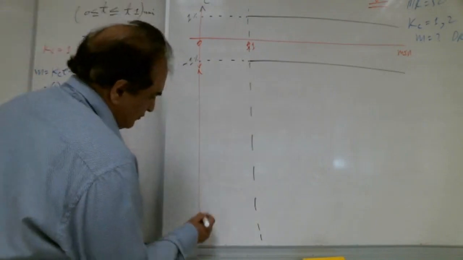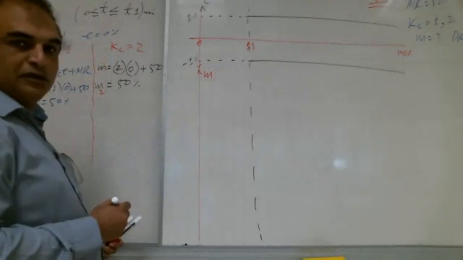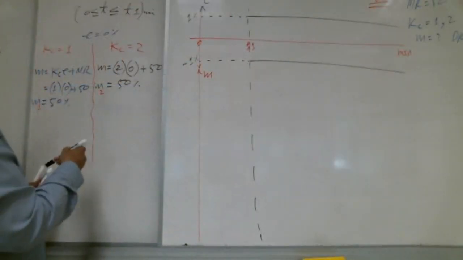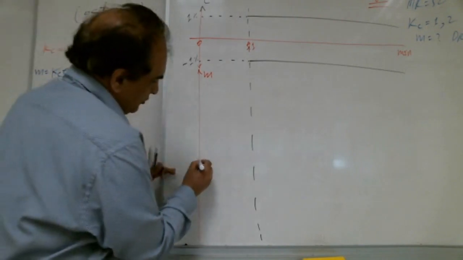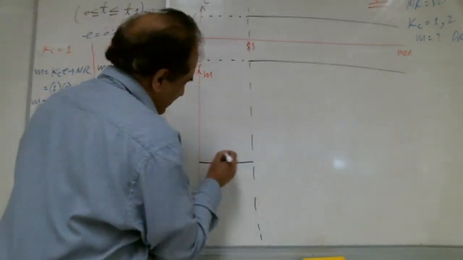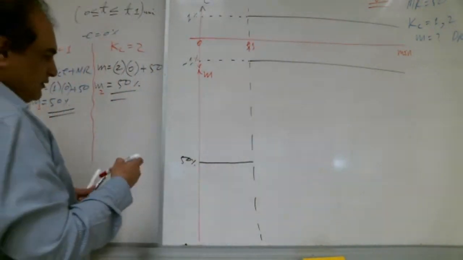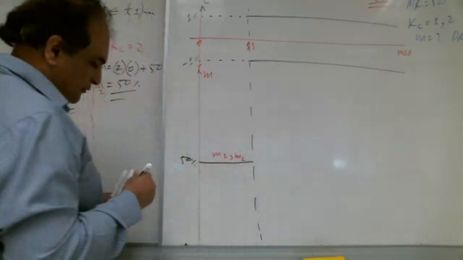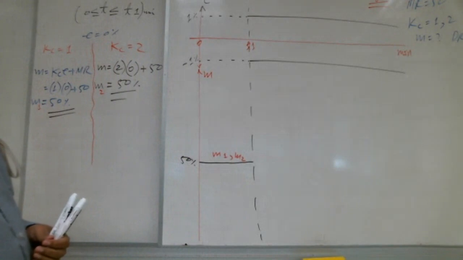From 0 to T1, this is our output, both outputs are the same, 50%, 50%. So we draw a straight line. We say it is 50% and it is M1 and M2. Like this. Everybody with me?